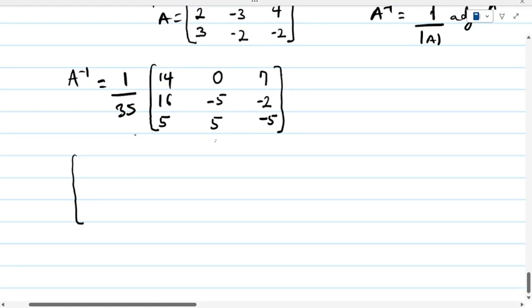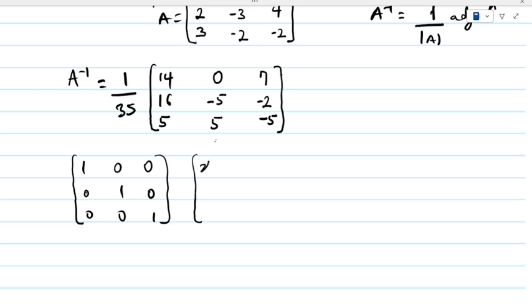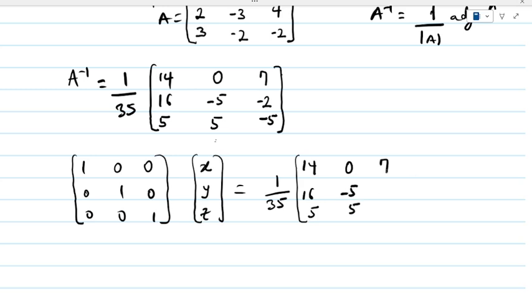So multiplying that with that, you are going to have, don't forget, if you multiply the inverse A with A, you are going to have a unit matrix. Then the unknown variable, also multiply it with the constant: 14, 16, 5, 0, minus 5, 5, 7, minus 2, minus 5.